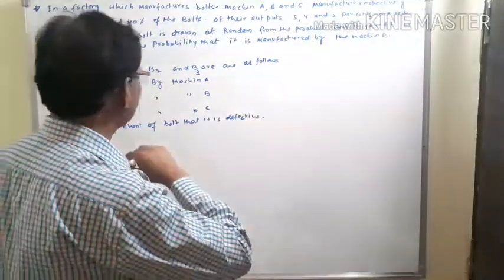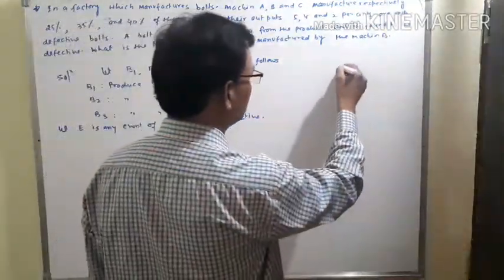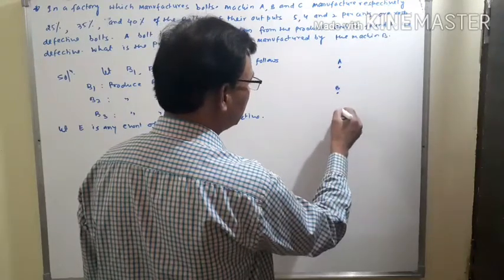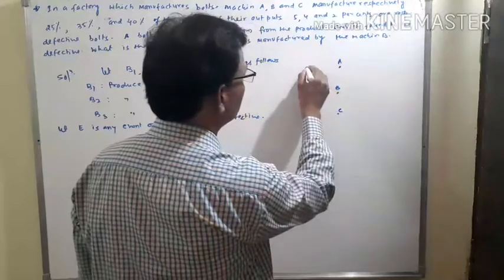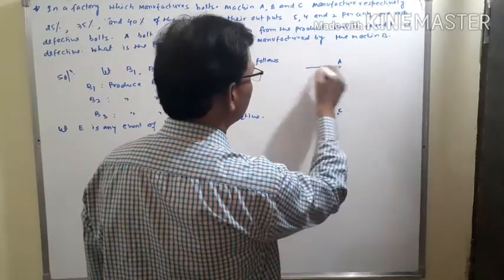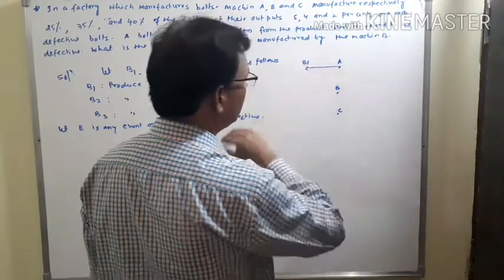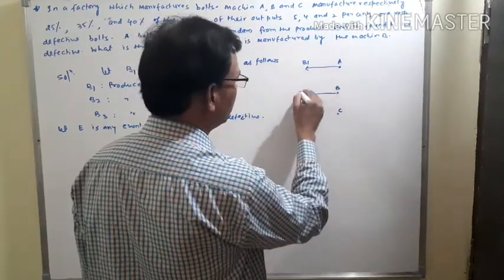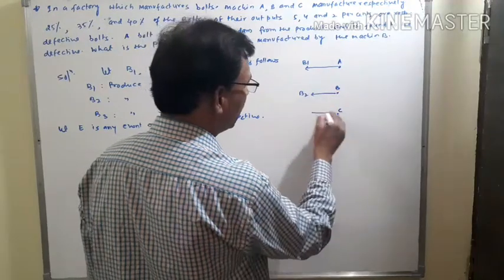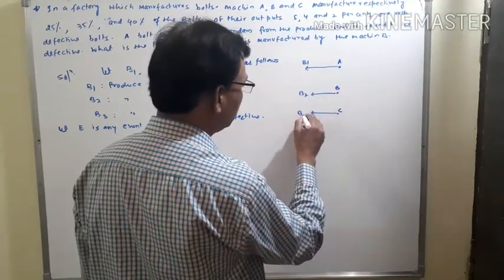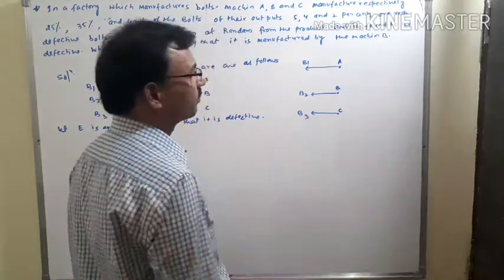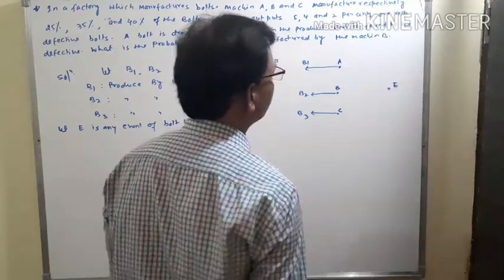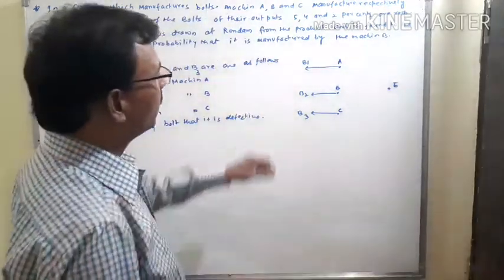Now first here we draw the tree diagram. Suppose this is machine A, this is machine B, and this is machine C. This is the production of machine A, which is B1, B2 by machine B, and B3 by machine C. Since E is the event of a defective bolt, now we have the probability of B1.